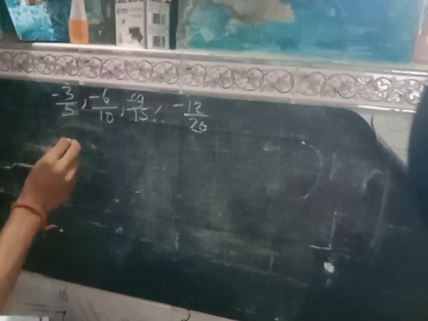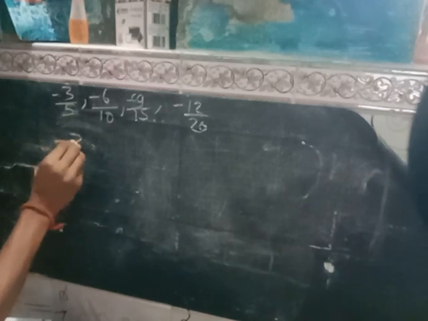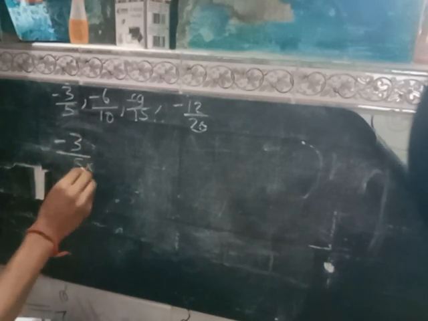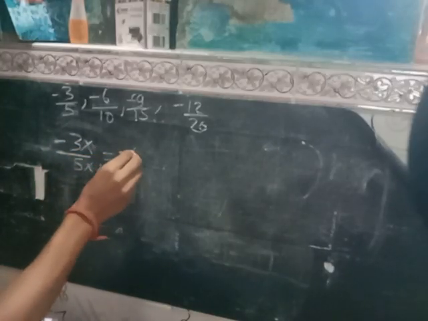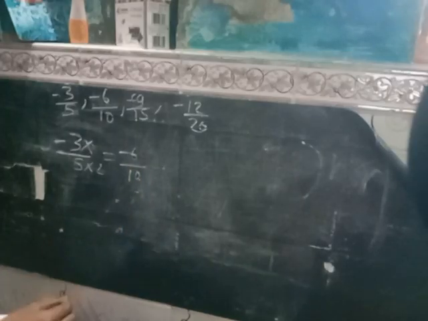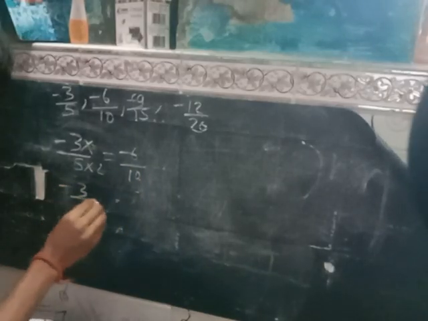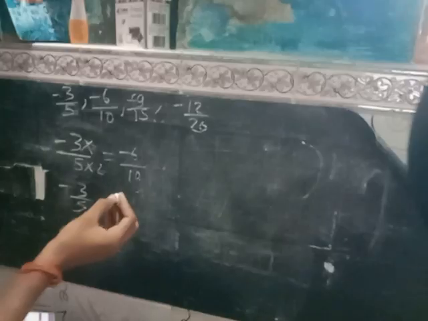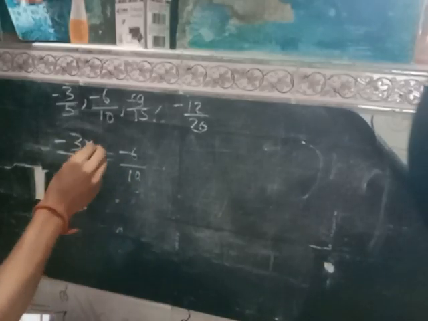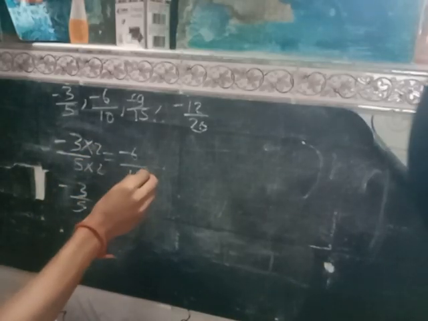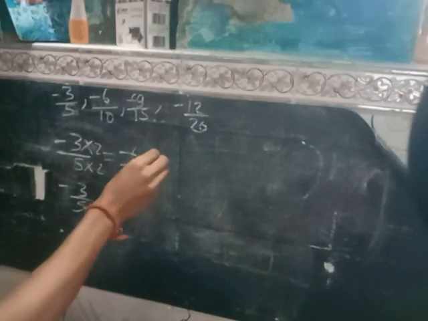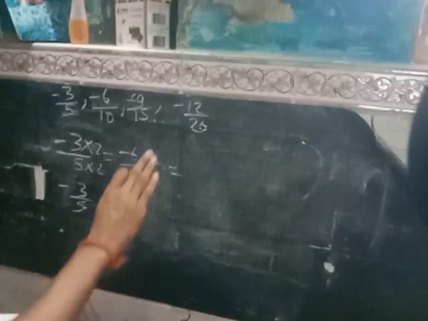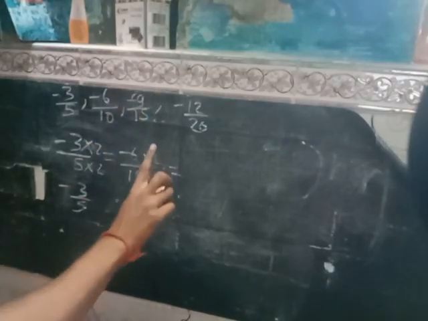So we can say minus 3 by 5 multiplied by 2 will become minus 6 by 10. Mainly the mistake I was making was, if I do this directly, minus 6 by 10 multiplied by 2, the answer does not come 9 by 15.